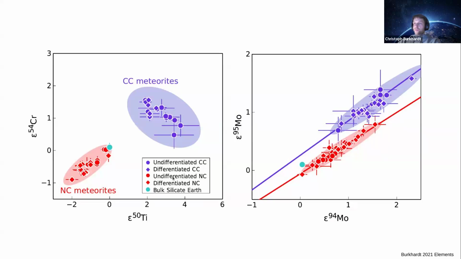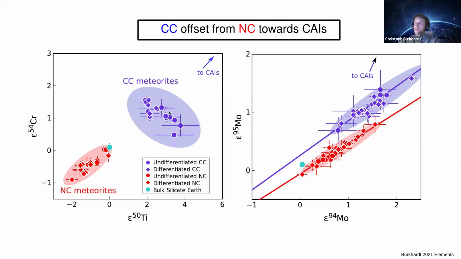What is observed is that the CC meteorites are offset from the NC meteorites in the direction of calcium aluminum rich inclusions, which would plot somewhere up here, and also in molybdenum somewhere up here. This is a general feature that is seen in all isotope spaces.